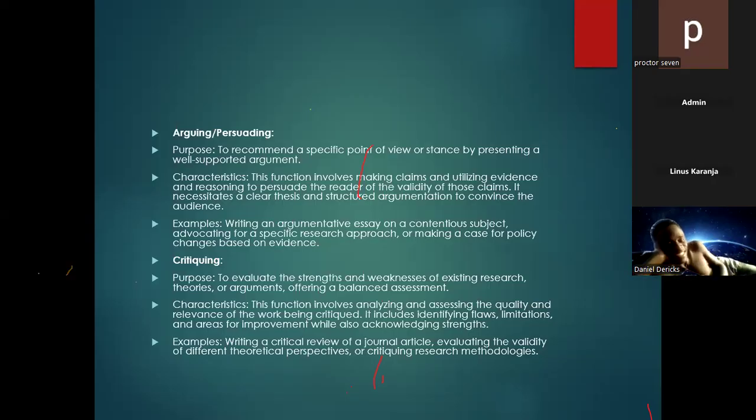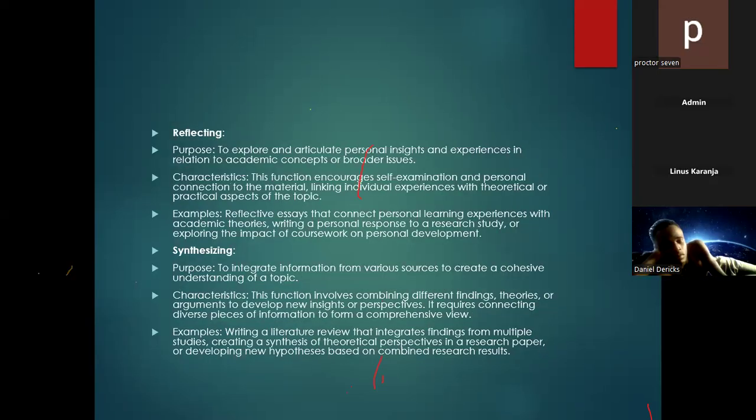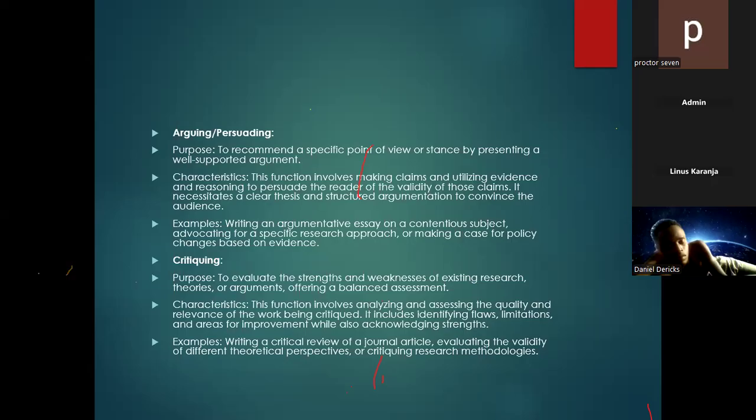You take a position, and what is a thesis? A thesis is an argument supported by evidence. And anybody who is a lecturer wrote a thesis and defended it. They came up with a new idea, and they were able to persuade professors that that particular idea is valid. So you cannot do without persuading.